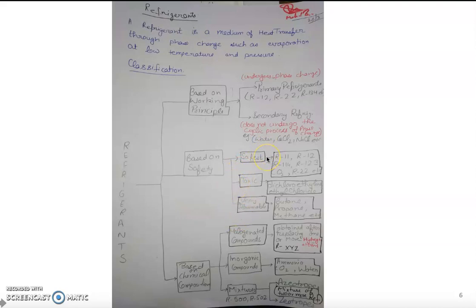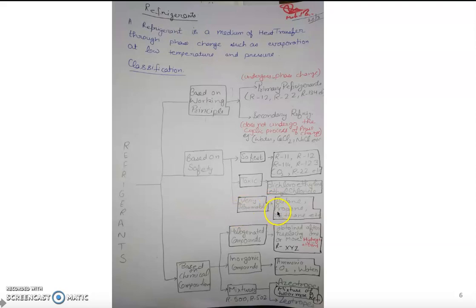So safest are like in our domestic and industrial application, we have seen, we have used R11, R12, R114, R123, where R stands for the refrigerant, carbon dioxide, which is also called dry ice. Next is the toxic refrigerants like dichloroethylene, ethyl chloride, and the third category is the very flammable: butane, propane, methane.